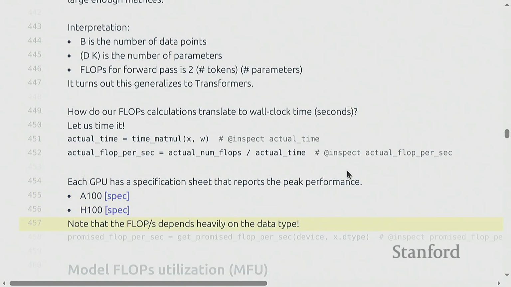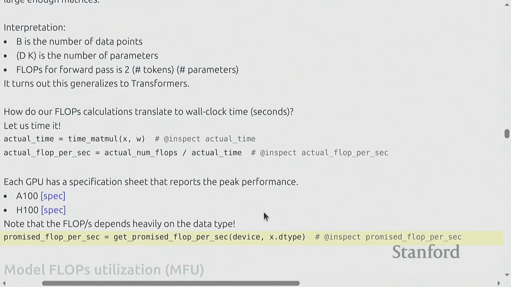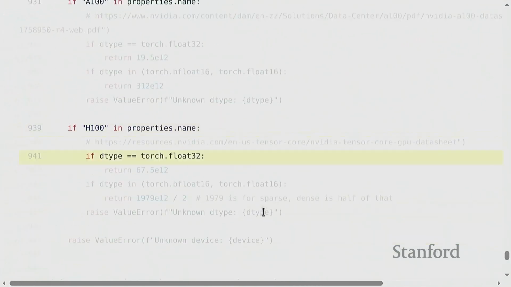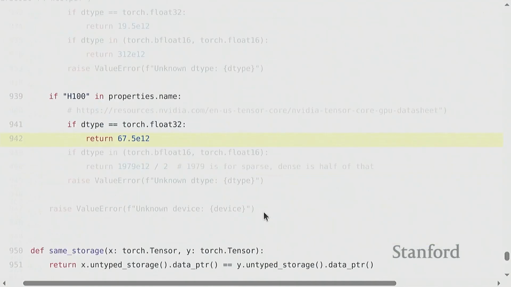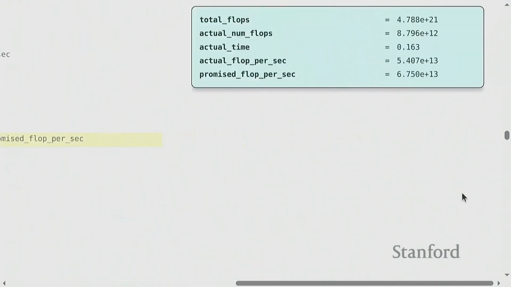As we look at the spec sheet, the flops depends on the data type, and we see the promised flops per second for the H100, I guess this is for float 32, is 67 teraflops, as we looked at. So that is the number of promised flops per second.